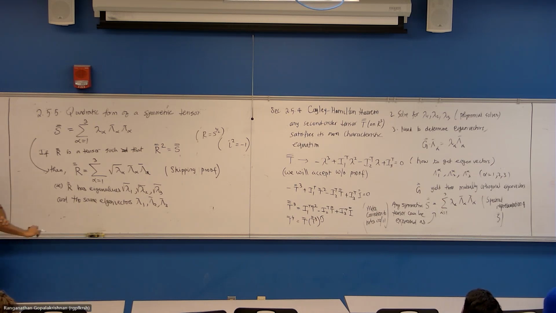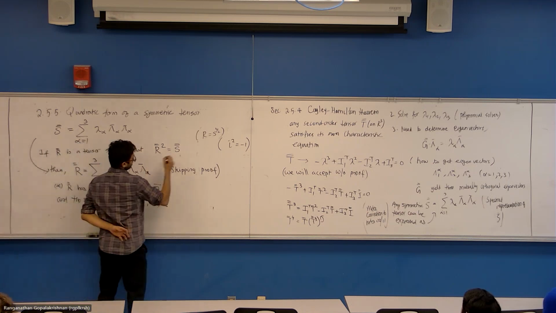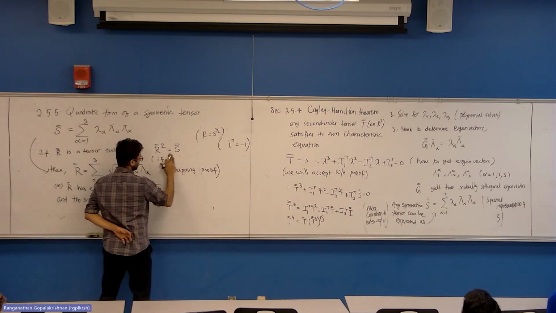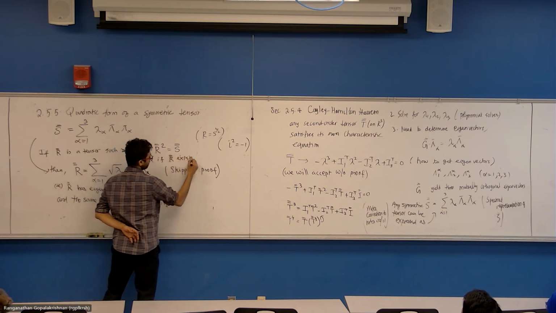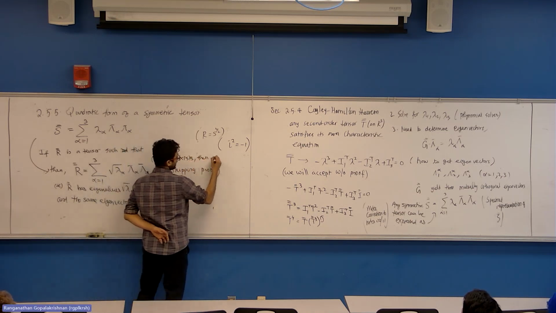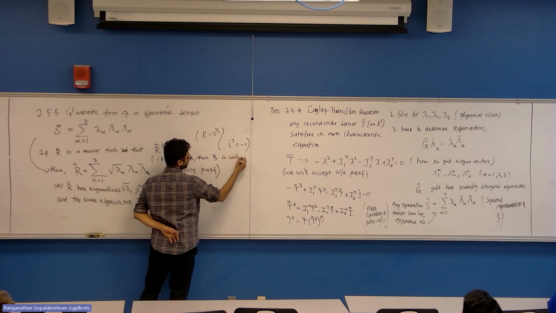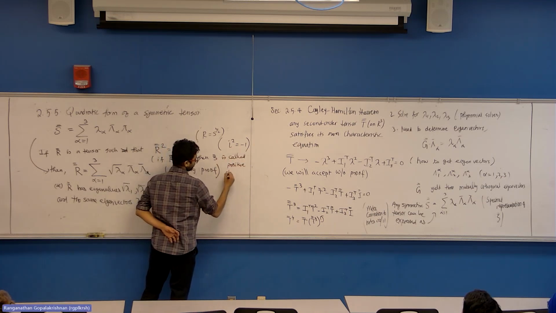So if R exists, then S is called positive definite.